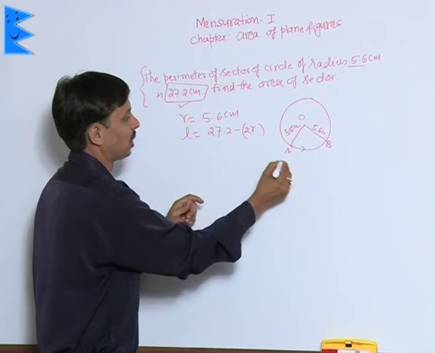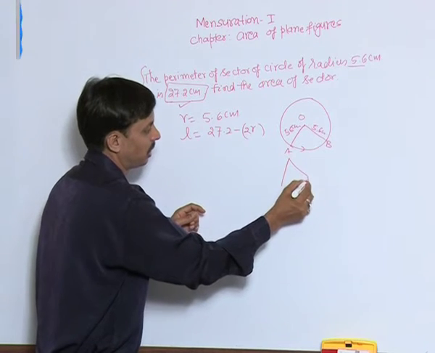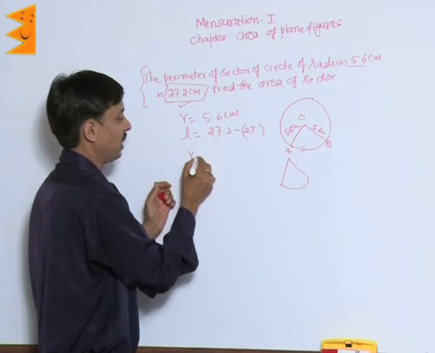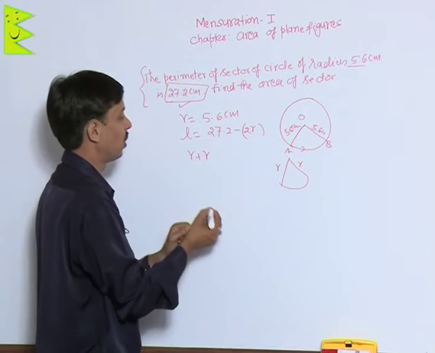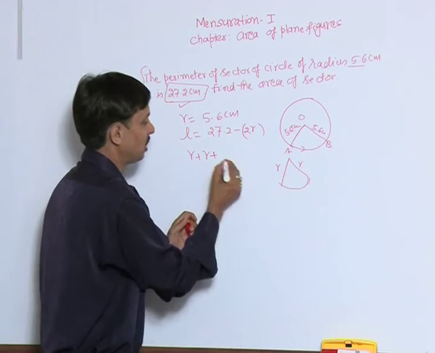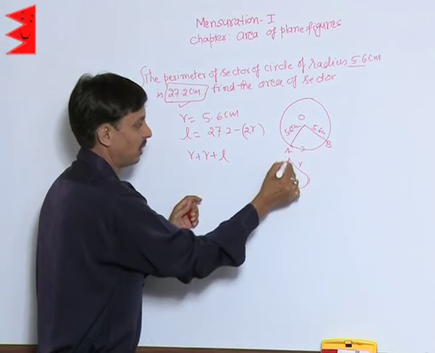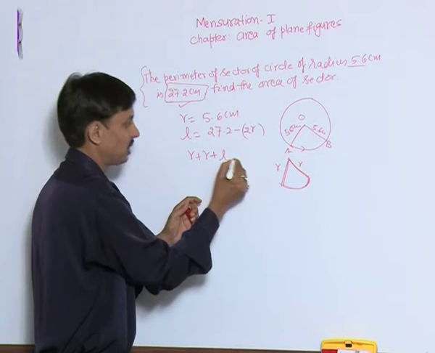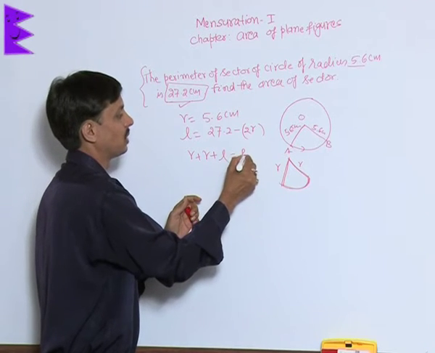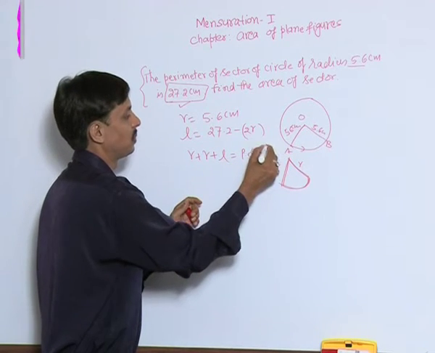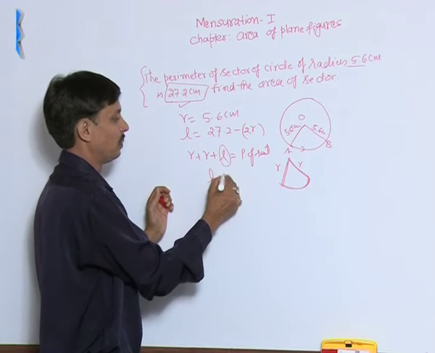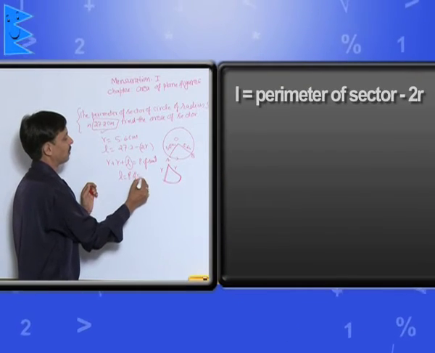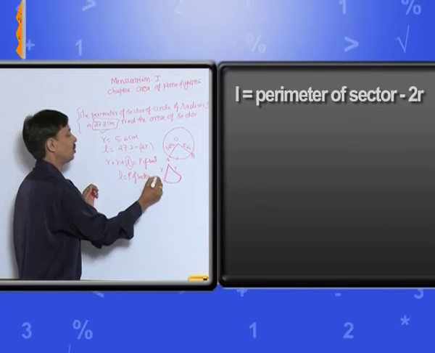Why? Because the perimeter of a sector is to be taken as first radius, that is r, second radius, radii are always the same, plus length of arc. So 2r plus L is known as the perimeter of the sector. So if you want to calculate L, it becomes perimeter of sector minus 2r.